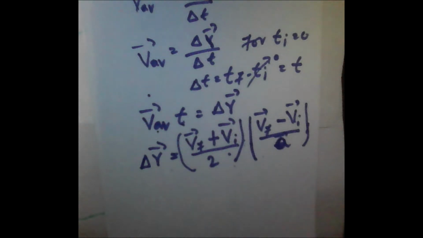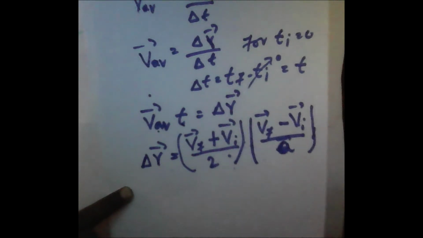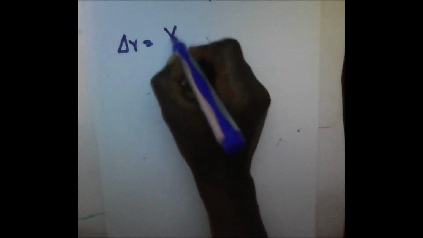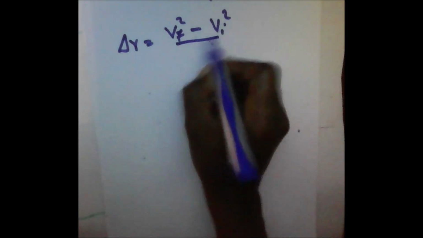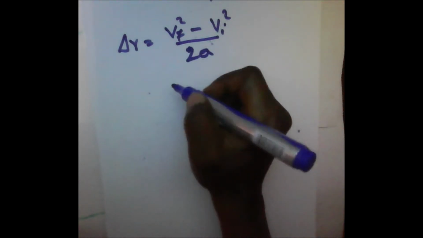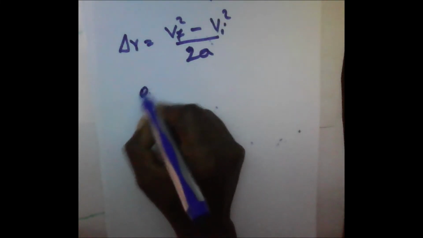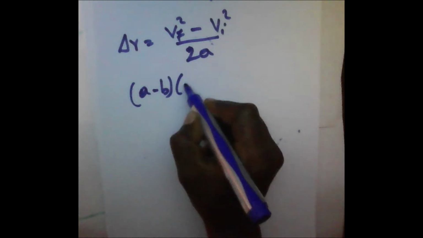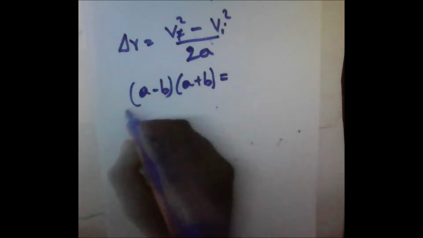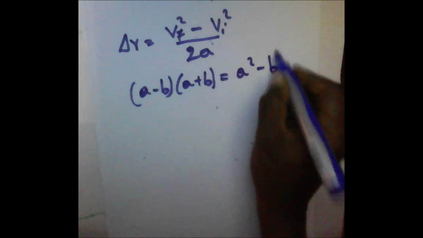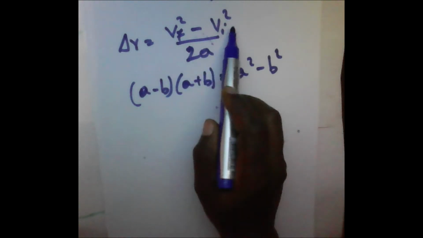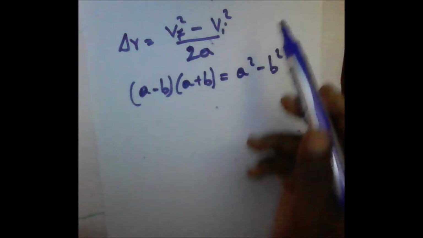So change in r will be equal to V final squared minus V initial squared divided by 2 times the acceleration. And this is taken from the formula where a minus b multiplied by a plus b is always mathematically equal to a squared minus b squared. So we have V final plus V initial and V final minus V initial from the previous.